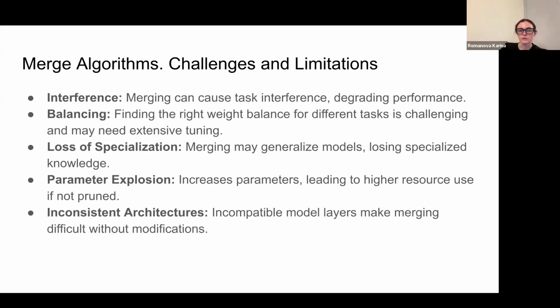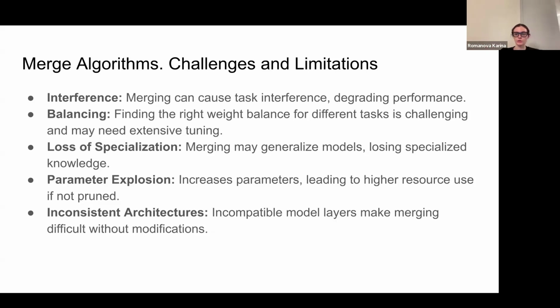Let's talk also about challenges and limitations in this approach. You can see that there is a huge list of challenges and limitations. So, firstly, merging models trained on different tasks can lead to interference, where the performance on individual tasks degrades due to conflicting parameter updates.